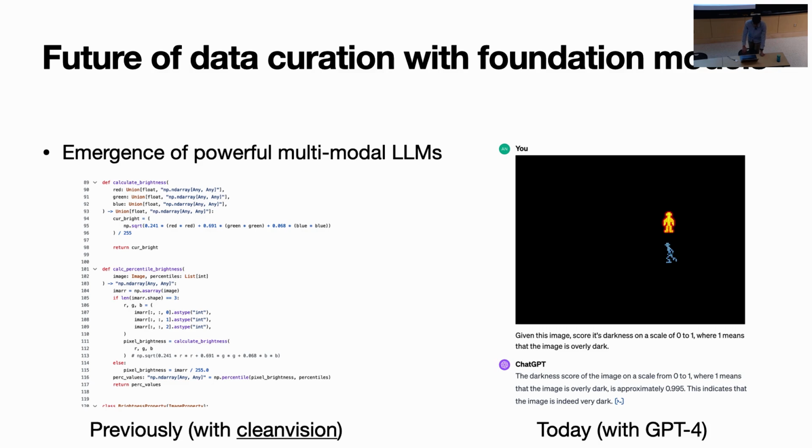But now GPT-4 can just solve this problem in a zero-shot way. I just gave this image to GPT-4, said, score its darkness on a scale of 0 to 1, and I got a pretty reasonable response. And so I think these foundation models will come to solve a lot of these data curation tasks in the future.